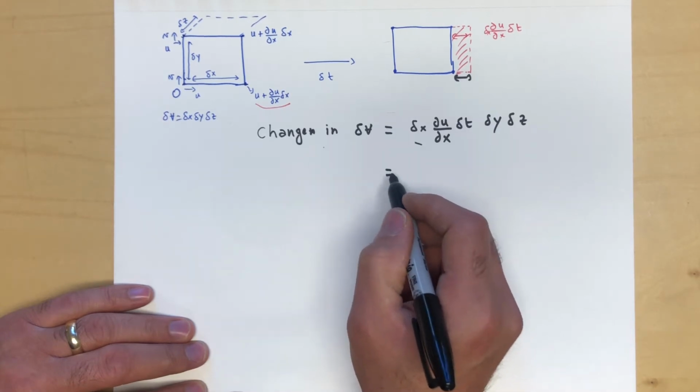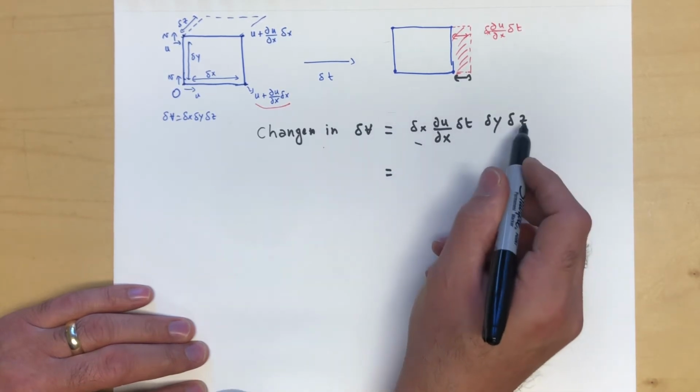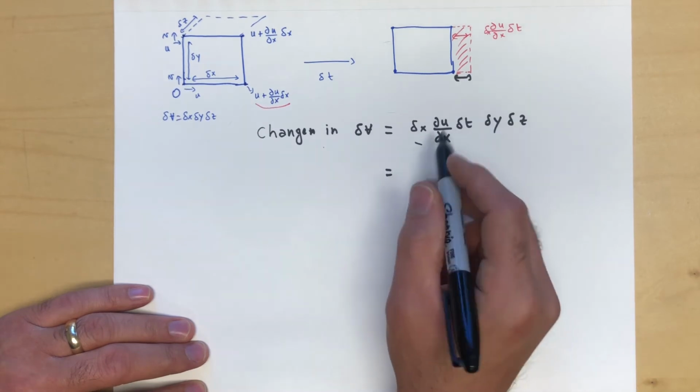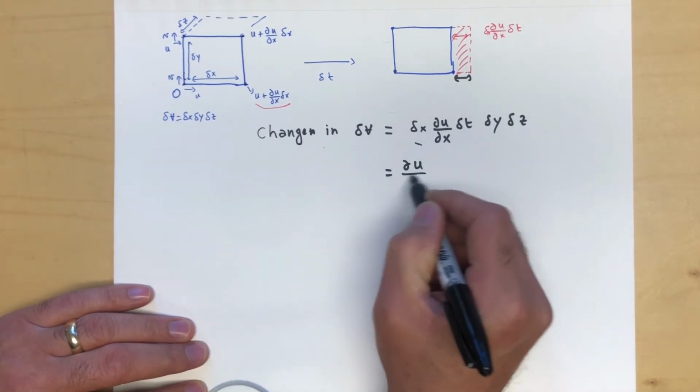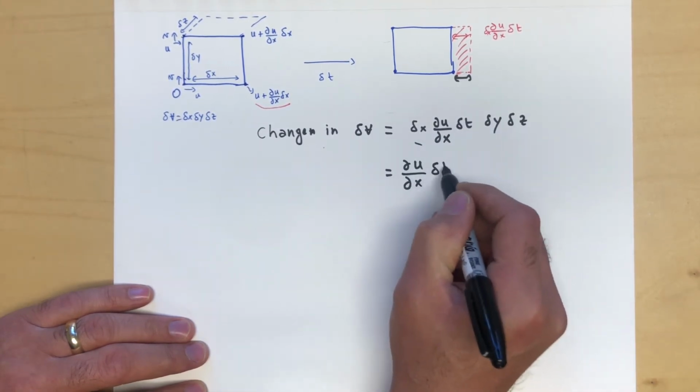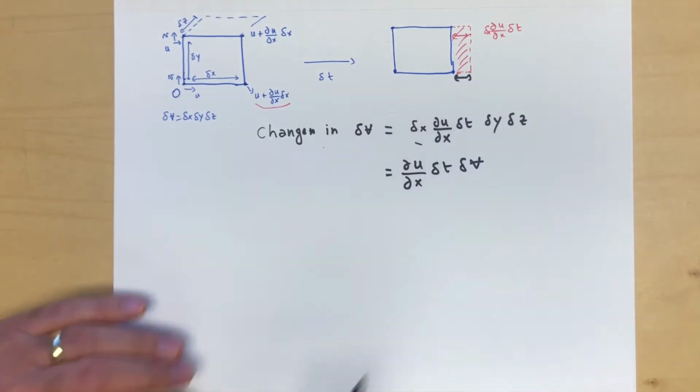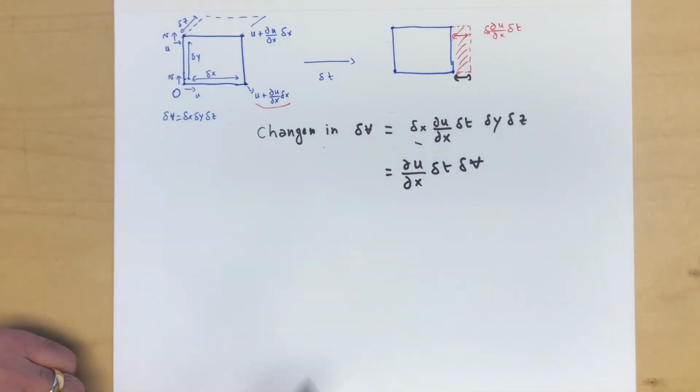But remember, delta x, delta y, delta z is equal to delta v. So it's equal to du by dx delta t delta v. That's the change in delta v.